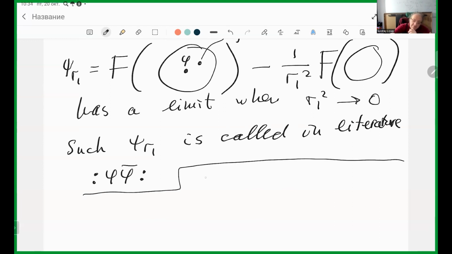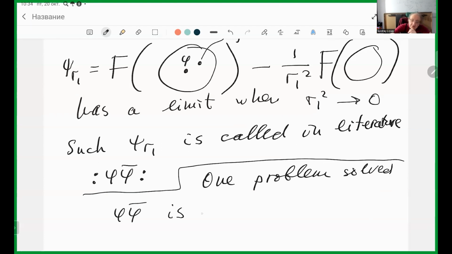Okay. One problem solved. Phi bar is a bad object. Phi bar with double dots is a good object.